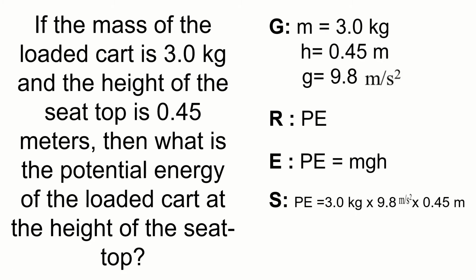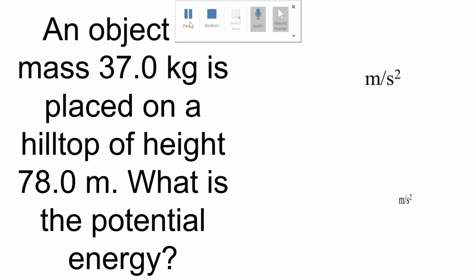Any calculator will do, scientific calculator, ordinary calculator, or even yung calculator ng cellphone nyo. So 3.0 times 9.8 times 0.45, the answer will be potential energy is equal to 13.23 joules. Alright, so let us proceed to the next problem.